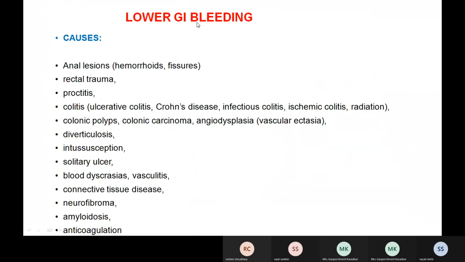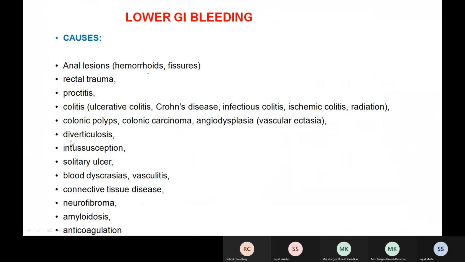Then, if it is a lower GI bleeding, what are the causes? It can be anal lesions, that is hemorrhoids or fissures, rectal trauma, proctitis, colitis. Colitis we saw: Crohn's disease, ulcerative colitis, or it can be ischemic, infectious, or due to radiation. Then colonic polyps, carcinoma of the colon, angiodysplasia, where the blood vessels are affected.